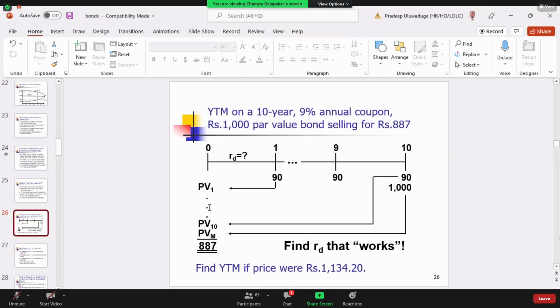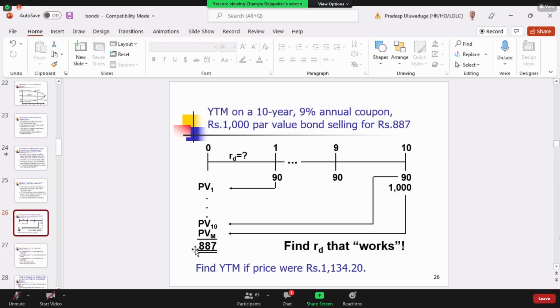So you will receive 90 rupees annually for 10 years, and at the end of 10 years, you will receive the face value. Now, the rate that gives these two cash flows a present value equal to the market price is the yield to maturity. So we have to find R.